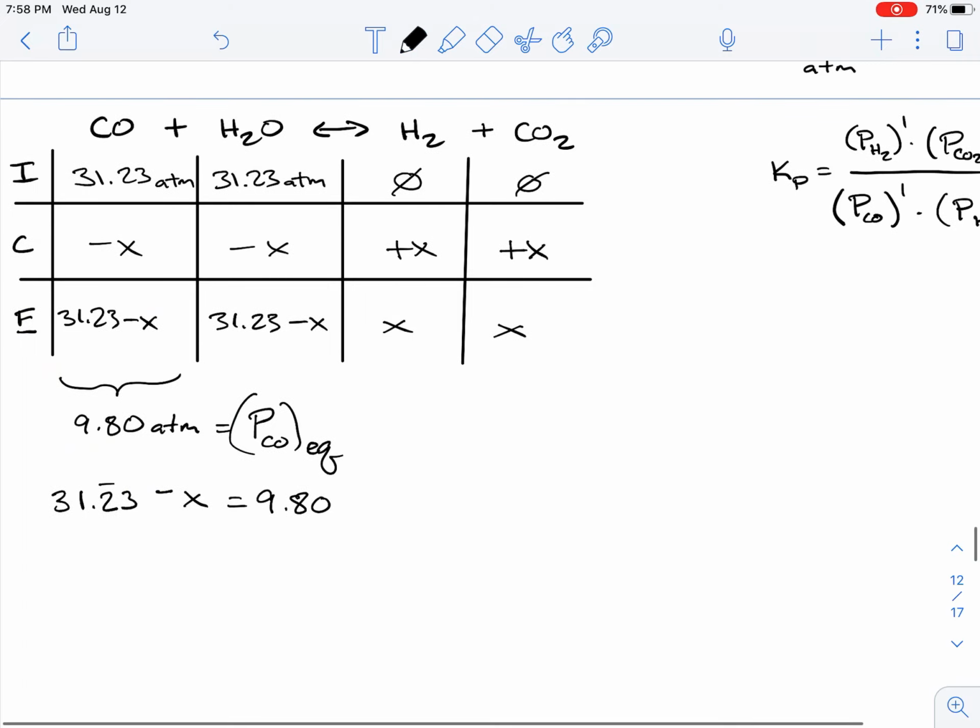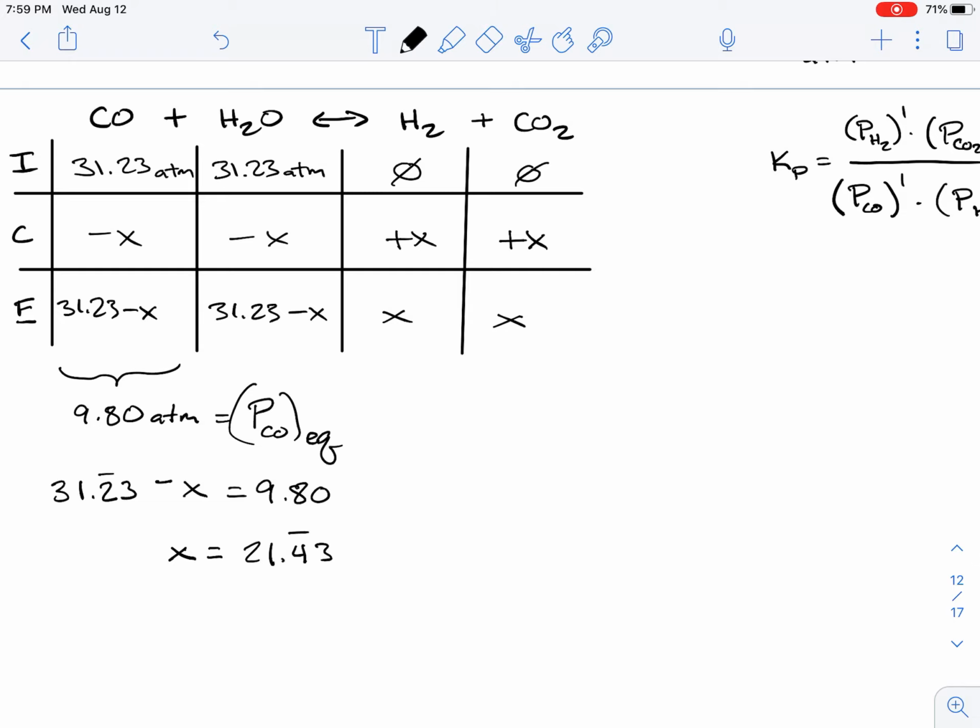And so if I solve for x, I'm just going to do this really quickly on my calculator. 9.80 minus 31.23. That's going to give us, and then if I divide that by -1, that's going to give me 21.43, or just 21.4.